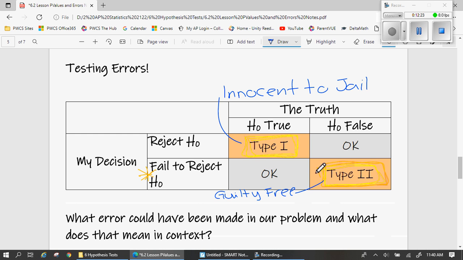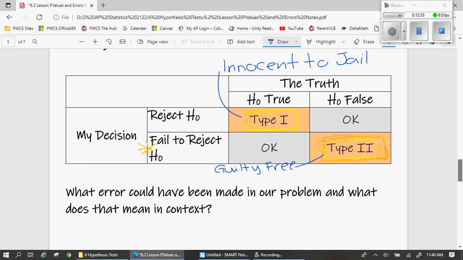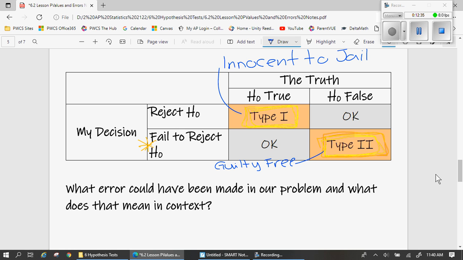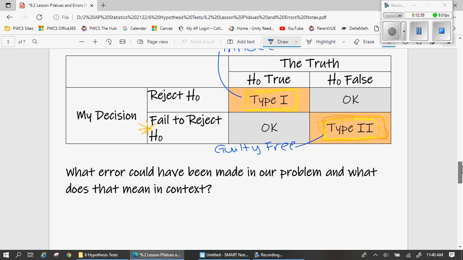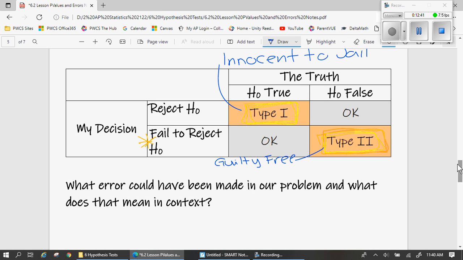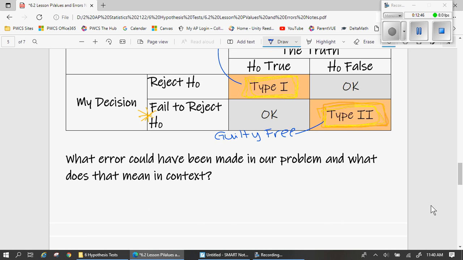And so it's possible in our scenario that we can make a mistake, and we just use the evidence that we have to make the best decision we can. So please don't be telling anybody that you have a guaranteed result. The only way to do that is through experiment. So in our problem, as I said, we could have made a type 2 error. And so in context, what that would mean is that we concluded there was no change in attendance.